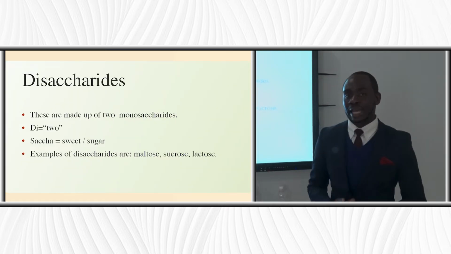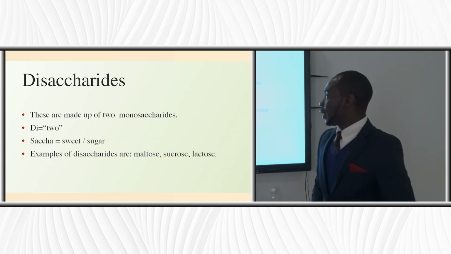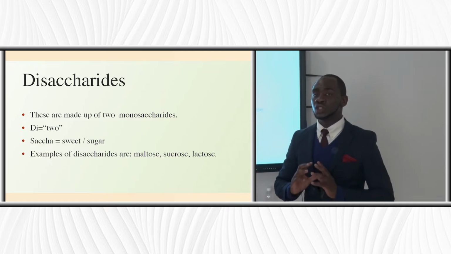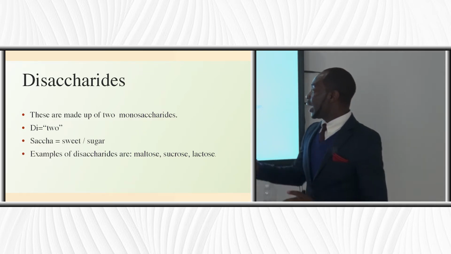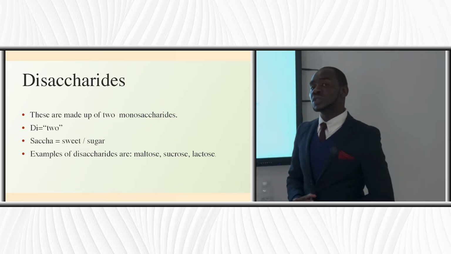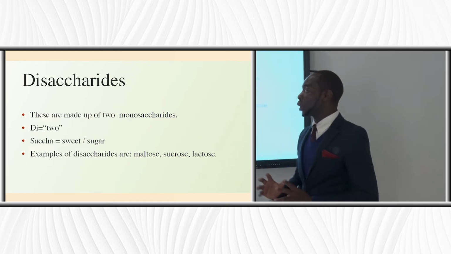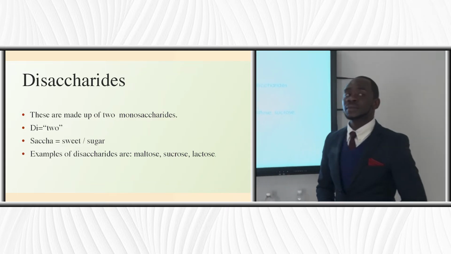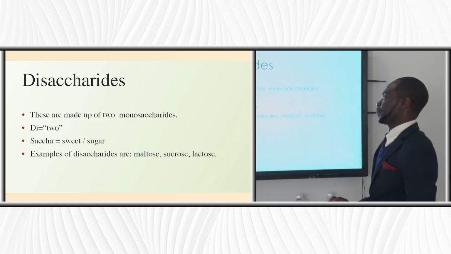Let's move on to disaccharides. These are made up of 2 monosaccharides. Di means 2. Sac means sweet or sugar. Examples of disaccharides include maltose, sucrose, and lactose.